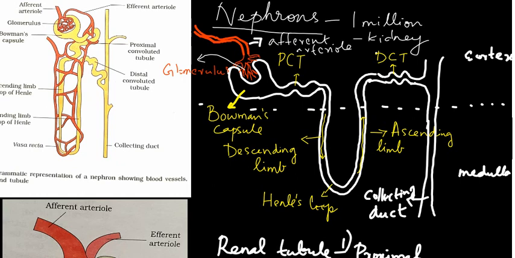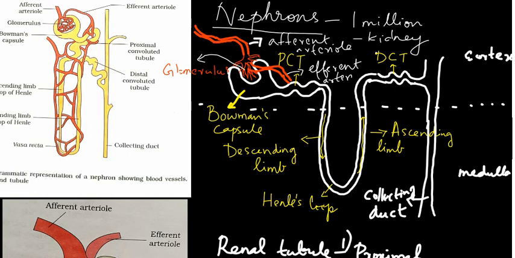There is a second branch of arteriole arising from the glomerulus. The second branch of arteriole that arises from the glomerulus is called the efferent arteriole.